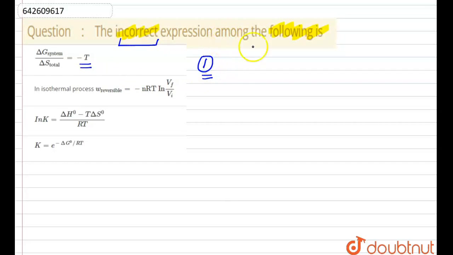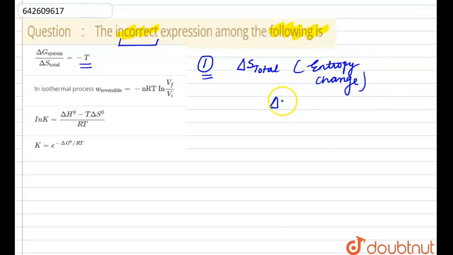We know that for a system, delta S total is the total entropy change, and the value of delta H for the system is equal to 0.